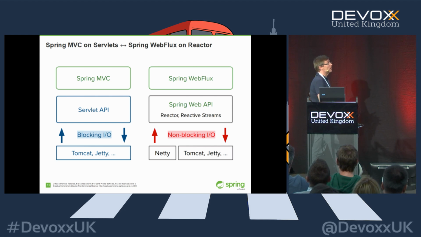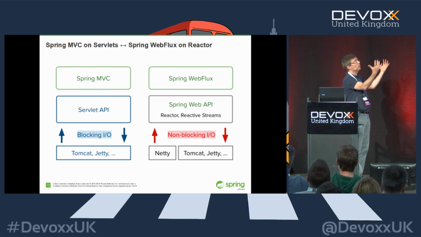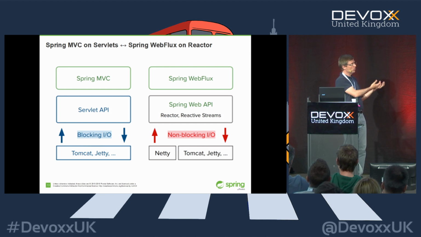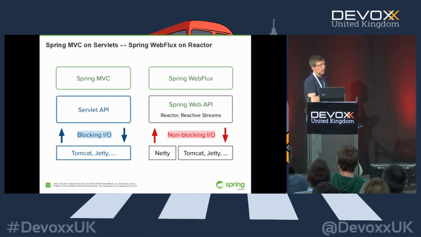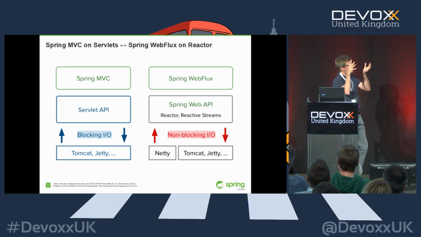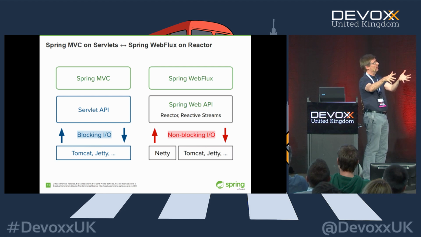If you start a new application, you've got a choice of two now. You can choose to use the servlet API-based model, and we'll get to why you would want to do this, or you can choose to use what we call WebFlux, which is the other web stack.